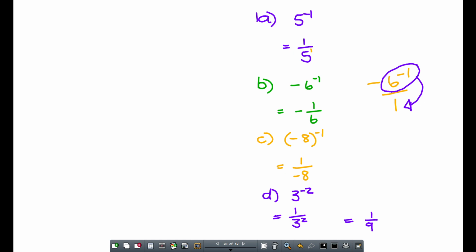Okay, so at C, because there were now brackets around it, it means that this to the power of minus 1 applies to the minus and to the 8.